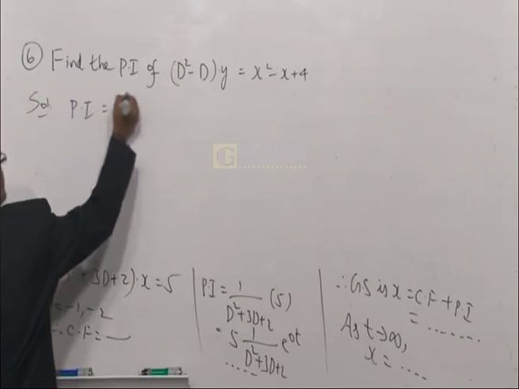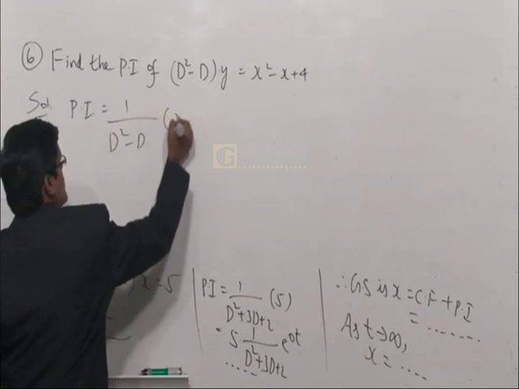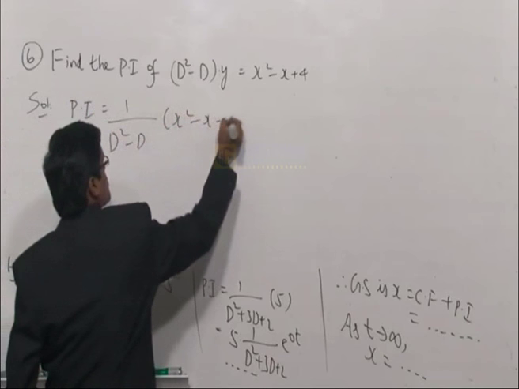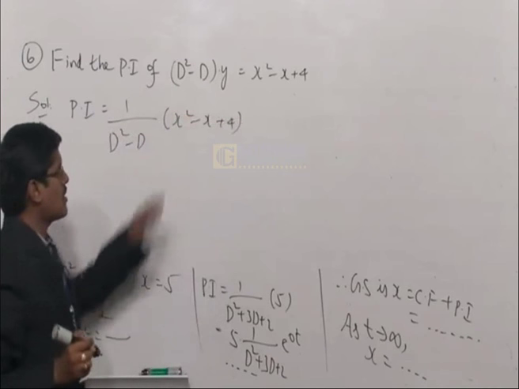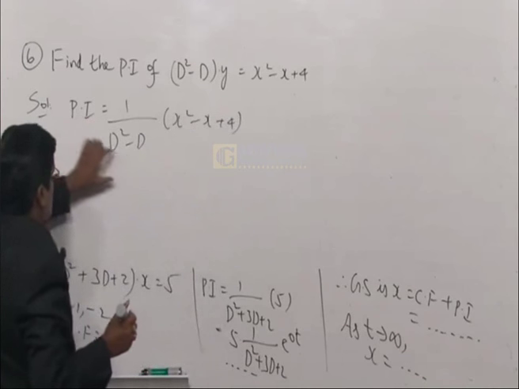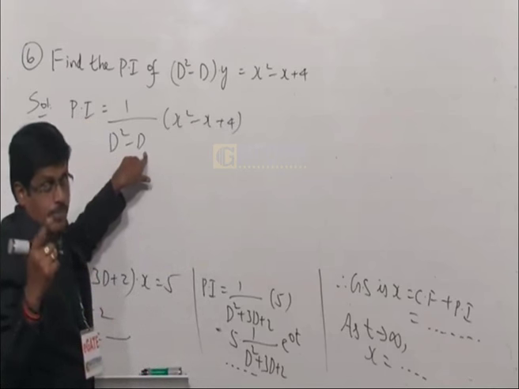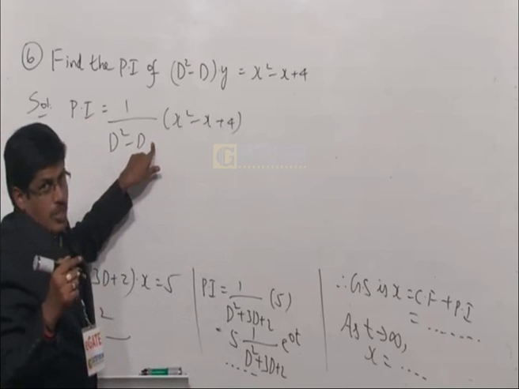PI is equal to 1 over D square minus D, x square minus x plus 4. Don't split, even though it is a sum of 3 terms; all the 3 terms belong to rule 3 only, if I write x power 0 like that. Now here, how to get plus 1, don't add and subtract. I have done this type of problem. Okay, there is no constant.